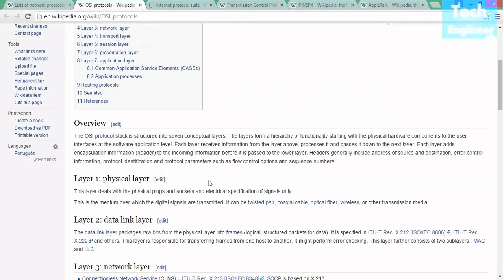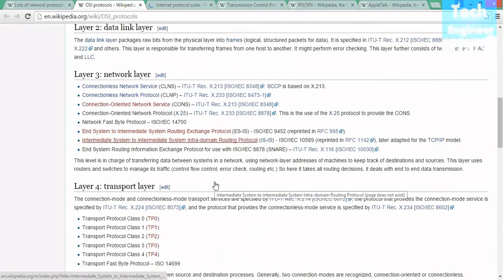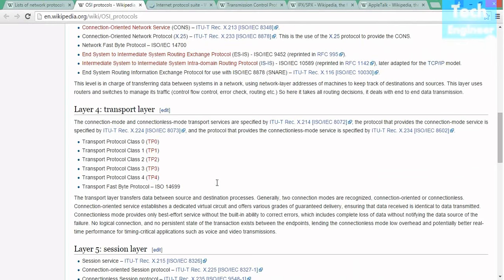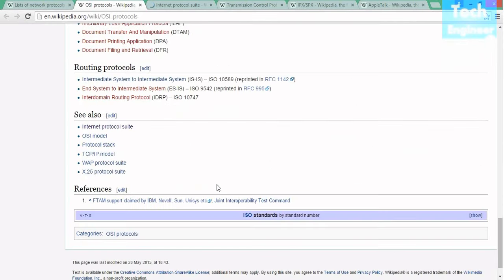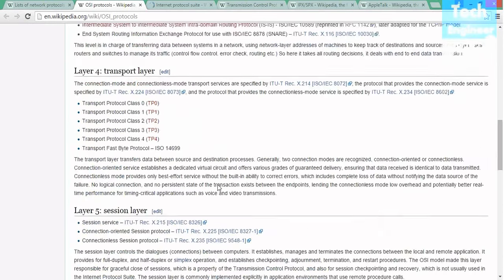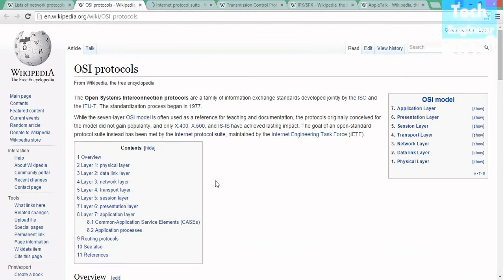So these are the layers we already discussed, what their work is and what they actually do, but our main motto is to know why OSI was made, why ISO created this model, and what the requirements are.